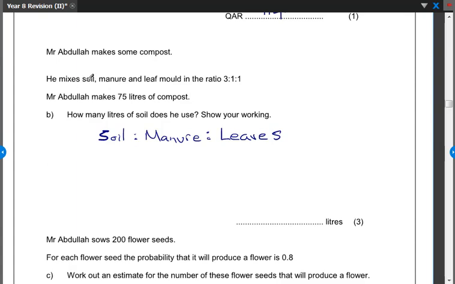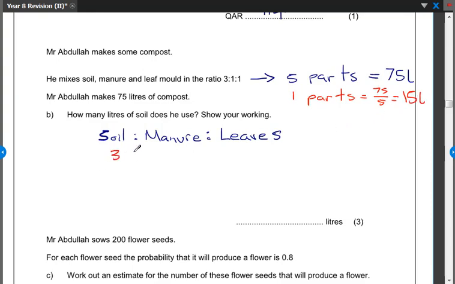So let's go. How many parts do we have altogether? We have 1, 2, 3, 4, 5 parts, and they equal 75 liters. What would one part equal? Well, one part is going to be 75 divided by 5. That's equal to 15 liters.